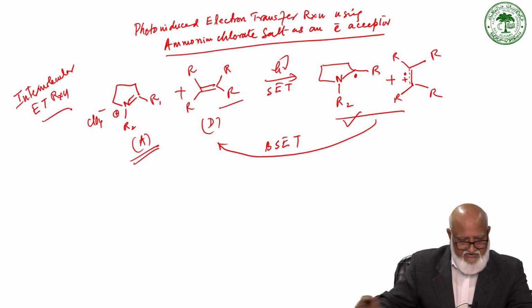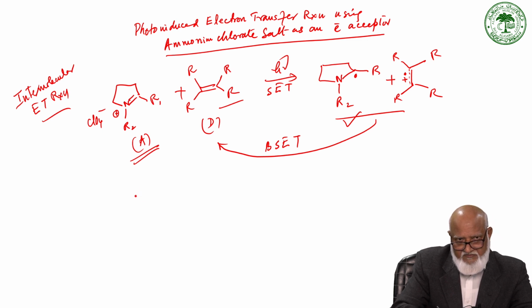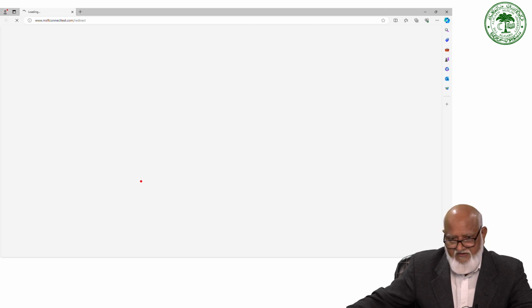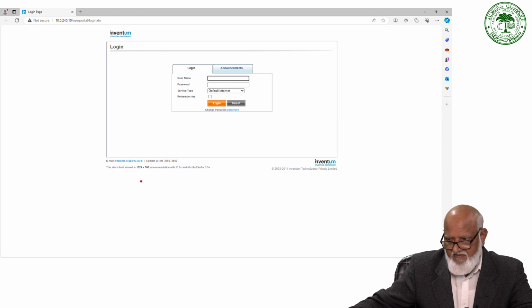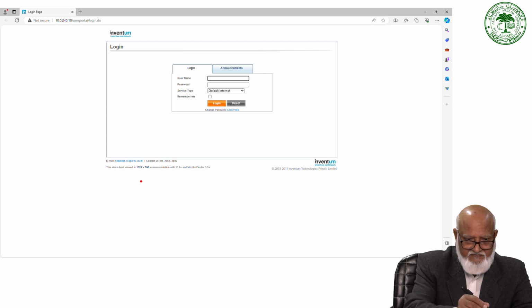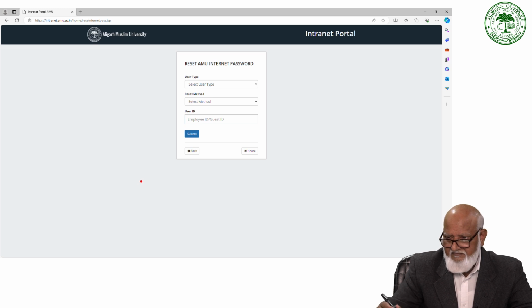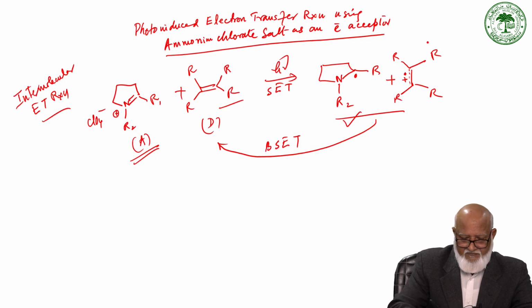Intramolecular electron transfer reactions have also been reported, with both the electron acceptor and donor being in the same molecule.